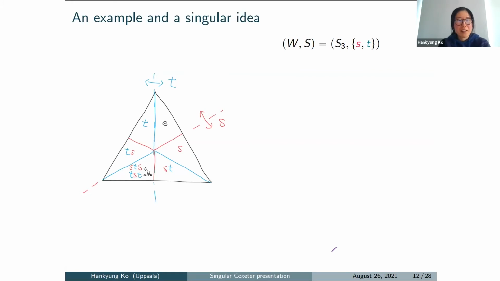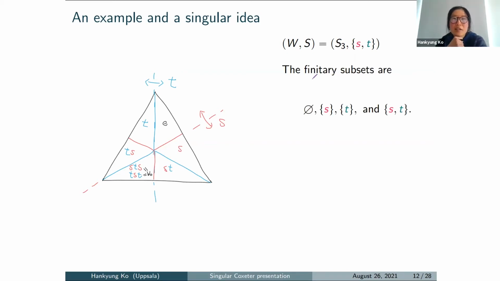Okay, now I give an example and I can already explain the main idea of what will come in the second part in this example. So let us take W to be the symmetric group S3 with generators S and T. And here everything's finite, so every subset of S is a finitary subset.